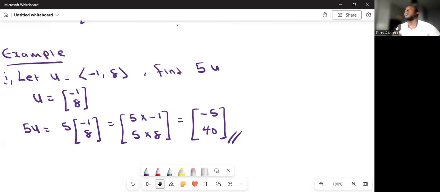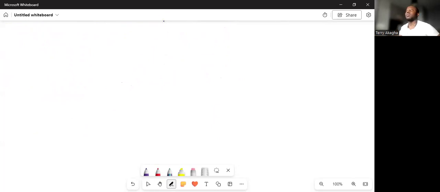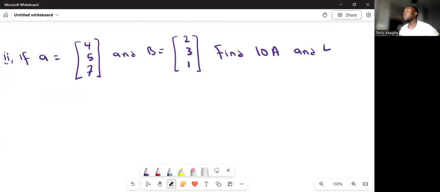Okay. So the next one. Let me add one more. Number 2, we're told if A is equal to (4, 5, 7) and B is equal to (2, 3, 1), we're told to find 10A and 4B.